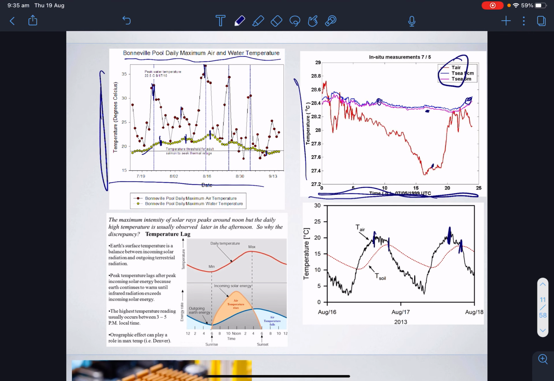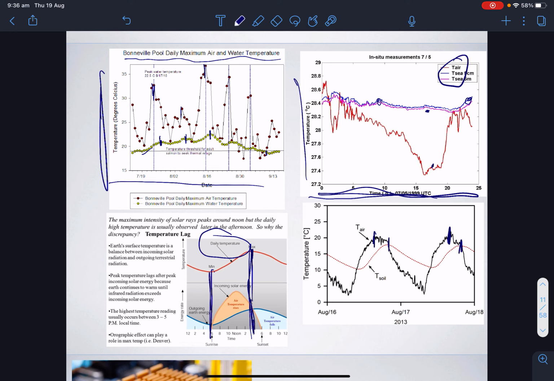And here we're talking about a temperature lag. We've got daily temperature, energy rate of a day. We've got a maximum here at 4 p.m. of a daily temperature and a minimum at 6.